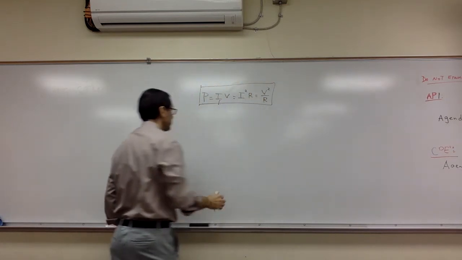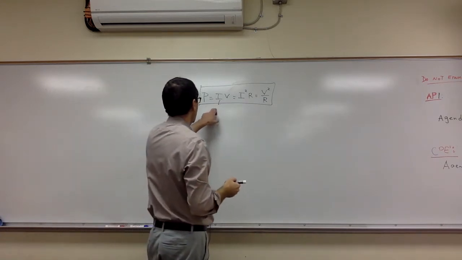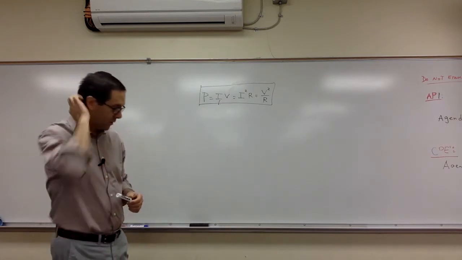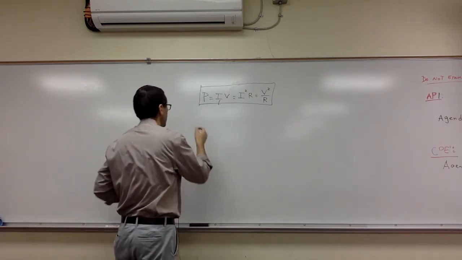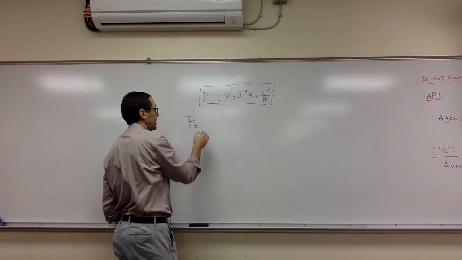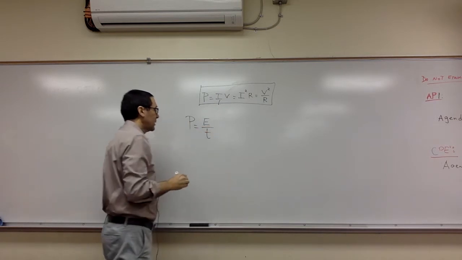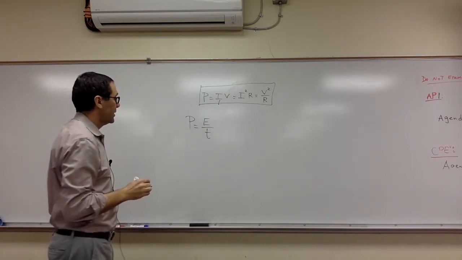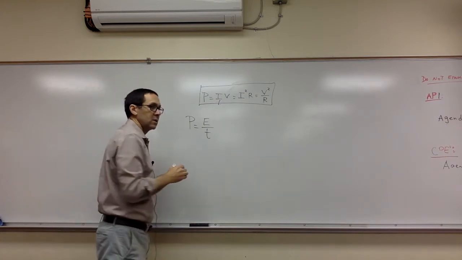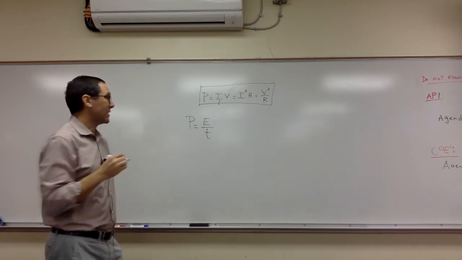Now power, just like in mechanics, is in watts, as long as the current is in amps and the voltage is in volts. Power is also work over time. So it's basically the energy consumption over time. Now, when the power company charges you for electricity, they charge you per kilowatt hour.